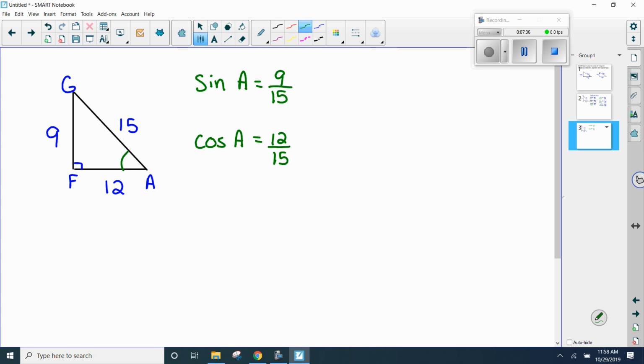If I go in and I enlarge this, does anybody recognize what type of triangle that is? It's a 3, 4, 5 triangle. Guess what happens when I reduce this right here? 3/5. It's a 3, 4, 5 triangle.